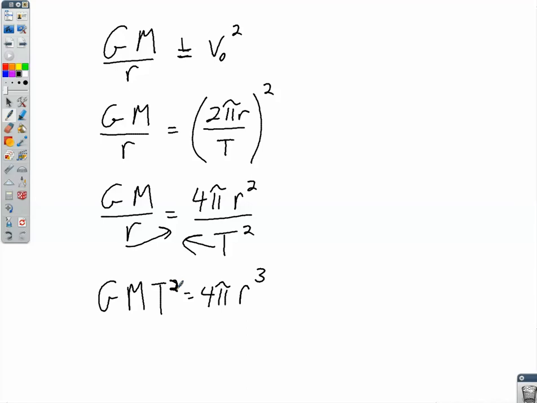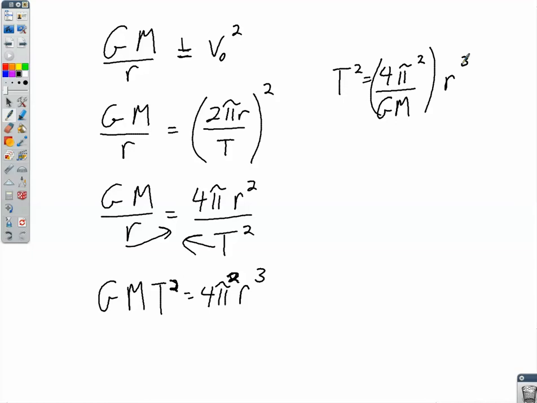This was Newton's confirmation of Johannes Kepler's third law of orbital mechanics, which said that the orbital period squared is proportional to the orbital radius cubed. If we rearrange and divide both sides by big G, big M, we get T squared is equal to 4 pi squared, I forgot a squared on the pi, over big G M, that whole thing, times the orbital radius cubed.